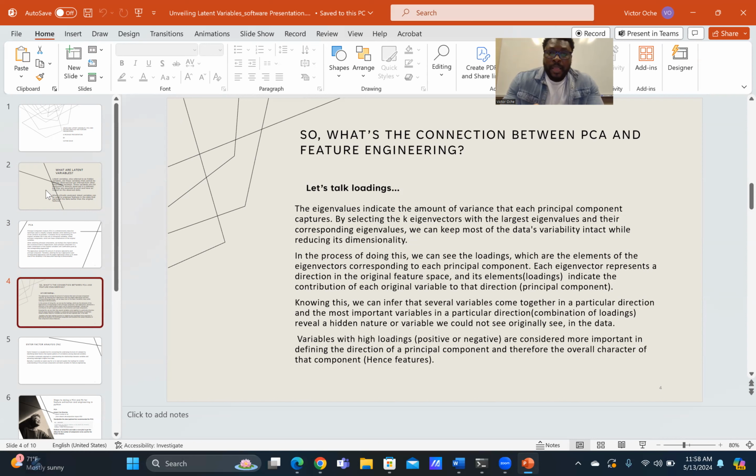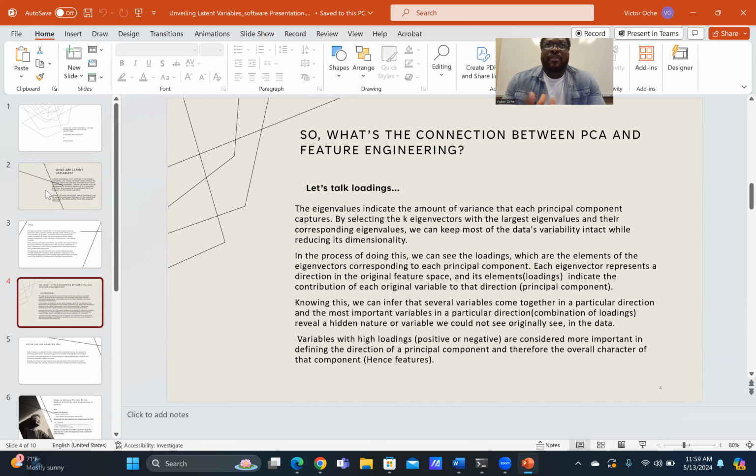Knowing this, we can infer that several variables come together in a particular direction, and the most important variables in that direction, that is the combination of the loadings, reveal a hidden nature of variables that we could not see. So basically what we're saying is that a combination of variables come together in a particular direction, which are the eigenvectors.